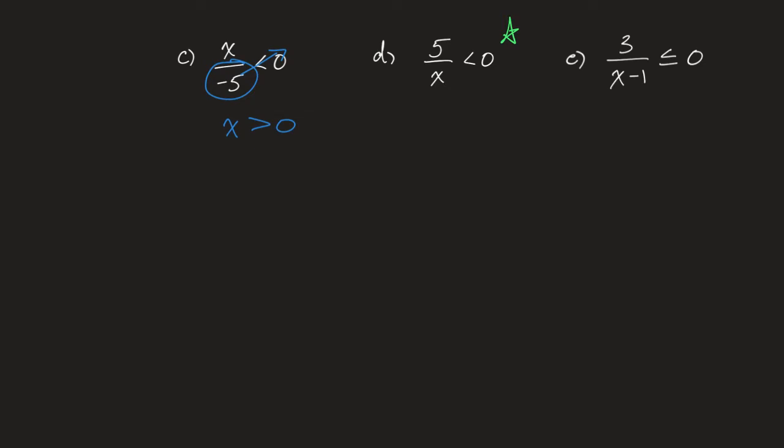In fact, as my x changes, the sign of the denominator is going to change as well. So because I'm multiplying by a variable, I don't know what I'm multiplying by.